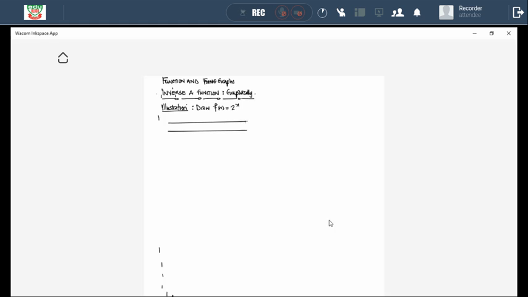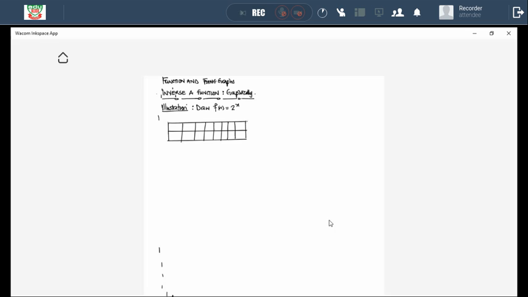Then we generalize. After generalizing, we come up with a path that we can always resort to when we are deducing the inverse of a function graphically, a quick path that is going to help us come up with the inverse of a function.